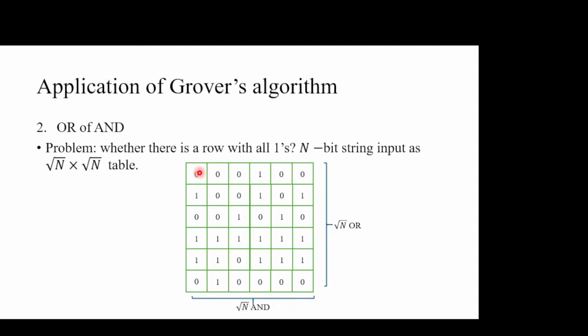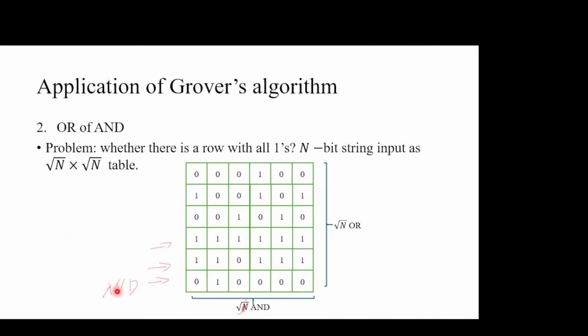Then we ask whether there is a row with all ones. So we are trying to calculate AND on each row, and then we calculate the OR on the result of those ANDs.